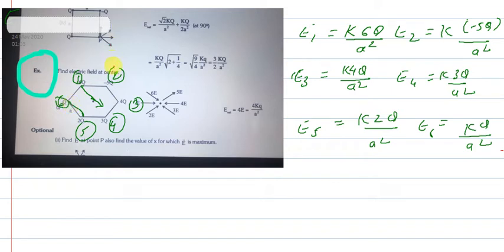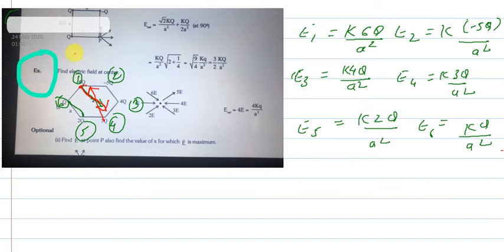So now see here. Because of this 6Q charge, the direction of electric field will be in this direction, and because of 3Q, the direction of electric field will be in this direction. Both are opposite to each other. Don't go by my diagram, but you can see they are diagonally opposite. So the electric field because of charges 1 and 4 will be 6 minus 3.